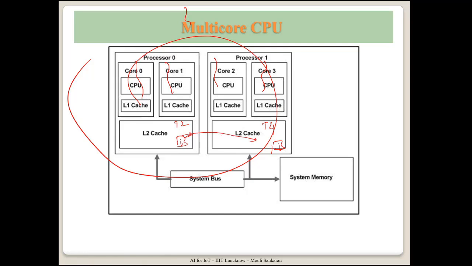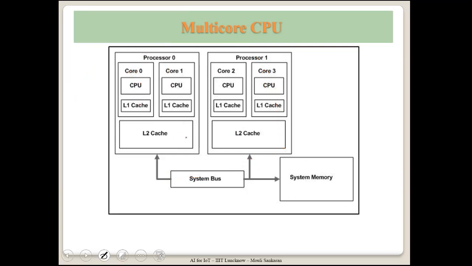So when the same data is available on multiple cores in different caches, we need to have cache coherency. When multiple caches in the cores have the same data, they need to be coherent. Suppose this CPU is updating it and made it 2, that value should also be reflected here before this core reads that value.